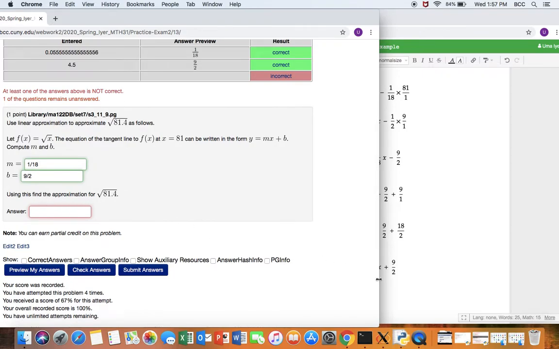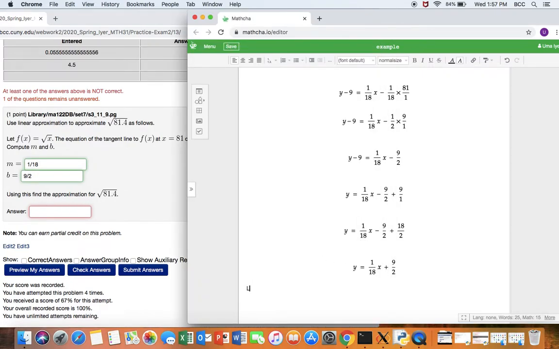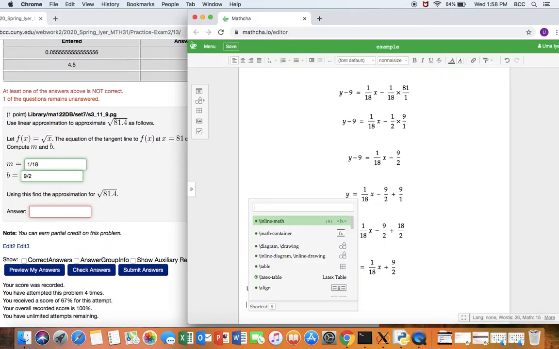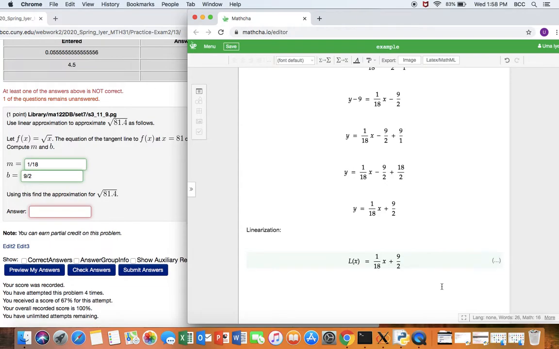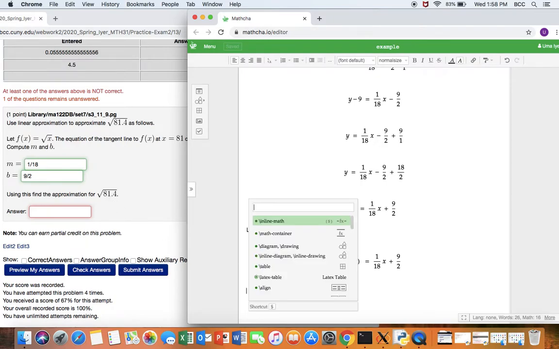Find the approximation. So this is where I need linearization. Okay. So linearization is L of x equals whatever I got here. You see, the right hand side of my y. That is my linearization. So what's the question? The question is to evaluate the linearization at 81.4.